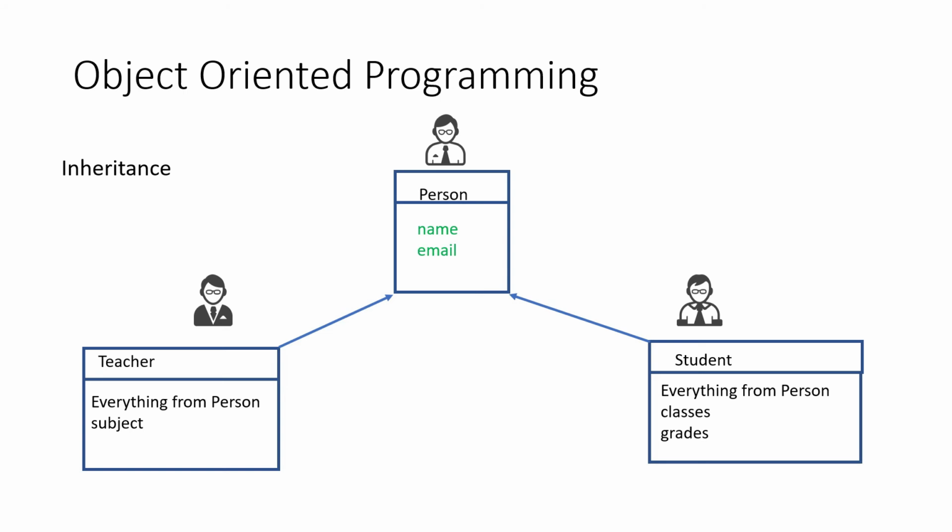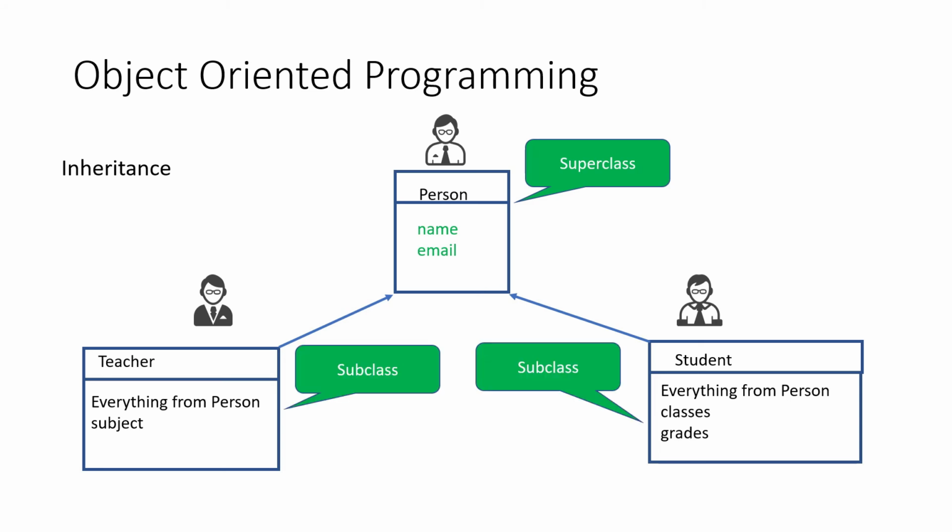In this example, we create a parent class called person. It has the attributes and methods which are common in both the teacher class and the student class. Both the child classes inherit everything from the parent class. In addition, they also have their own properties. In inheritance, the parent class is often called the superclass and the child class is called the subclass.